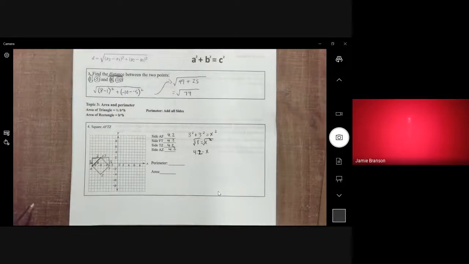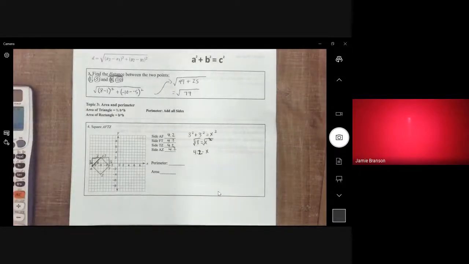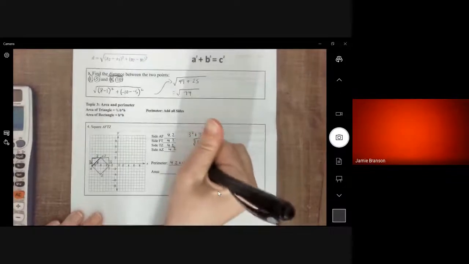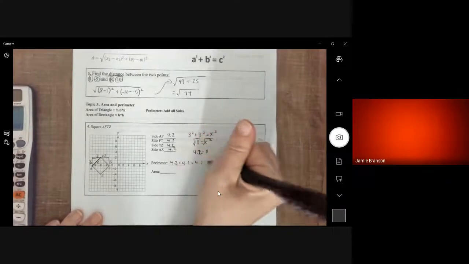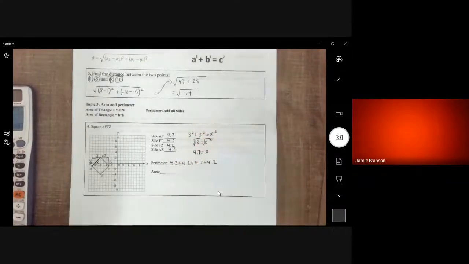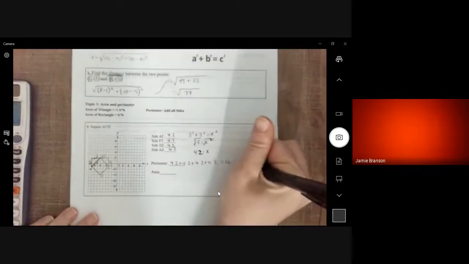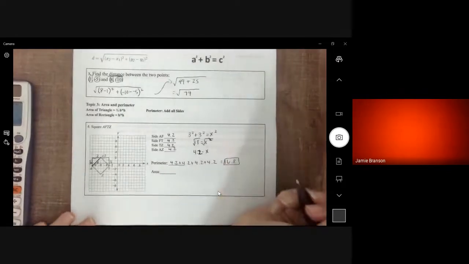Now we're going to find our perimeter. So we want to add all those sides together. So 4.2 plus 4.2. Okay, add all those together. And that gives you 16.8. Okay, and then area, we do base times height or length times width. You want to multiply those sides together.